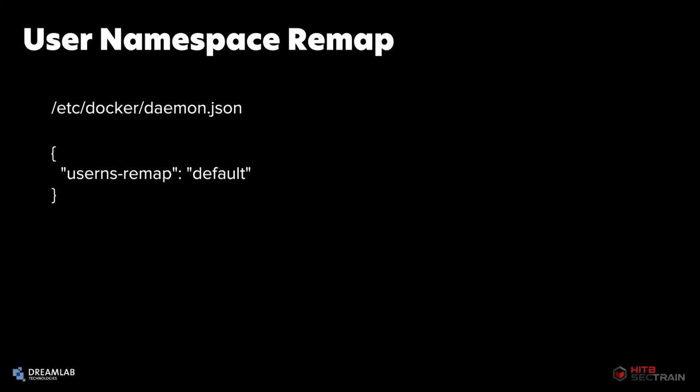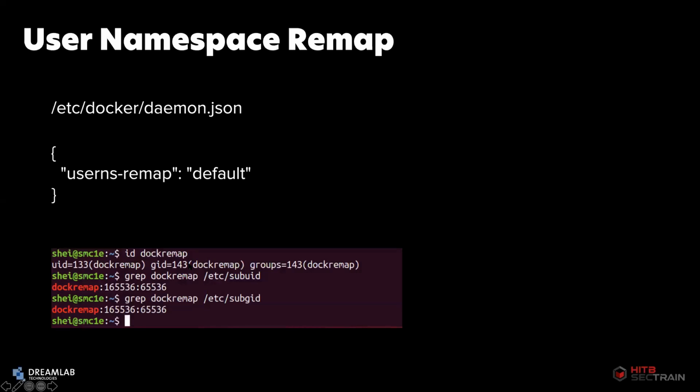But this feature is disabled by default. If we want to enable it, we have to edit the Docker daemon's config file and add this line. Usually the daemon.json configuration file for Docker is located under /etc/docker, and probably it's going to be empty. So you need to add this line, and by specifying the default parameter, Docker will use the dockremap user and group to do the remapping.